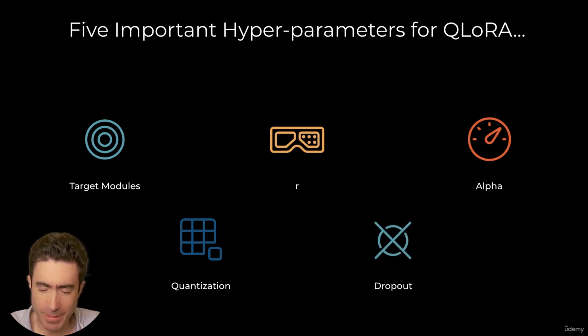And then the final hyperparameter is a new one that we've not talked about before, except to show you it in the code: dropout. Dropout is known as a regularization technique, of which there are a few, which means that it's a technique designed to prevent the model from overfitting.